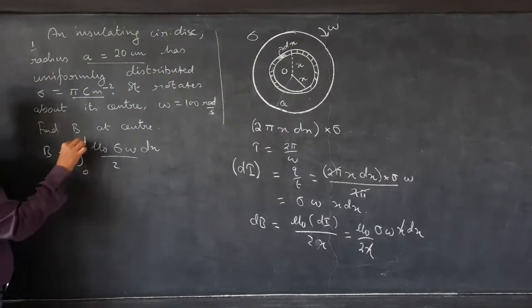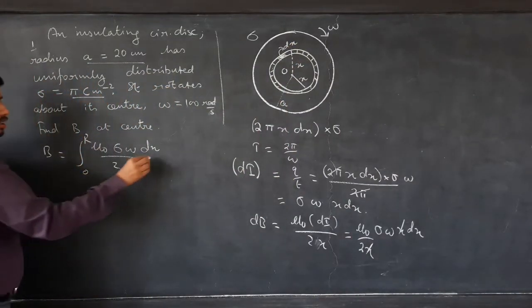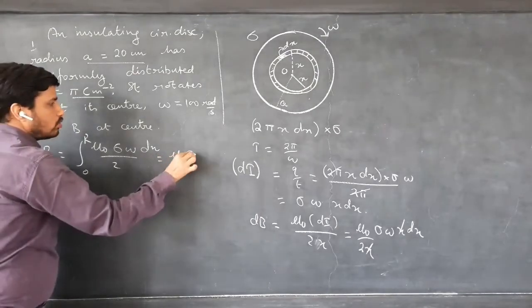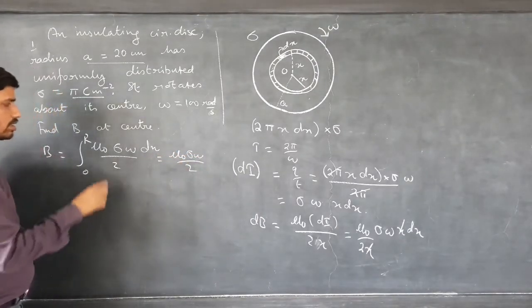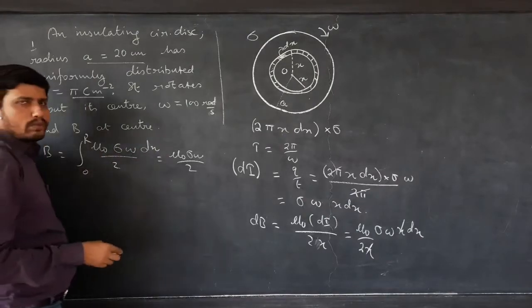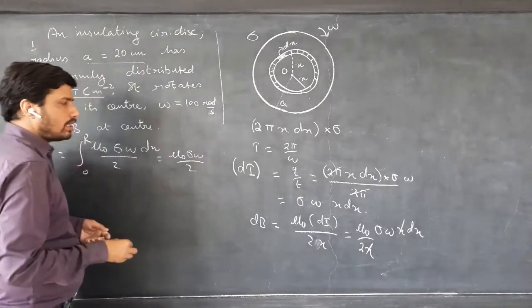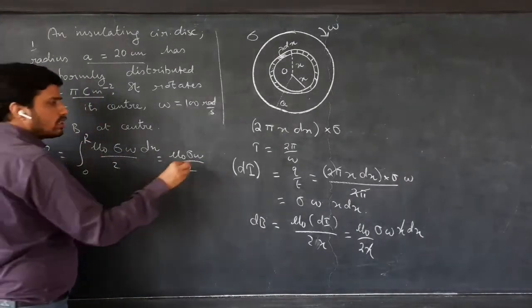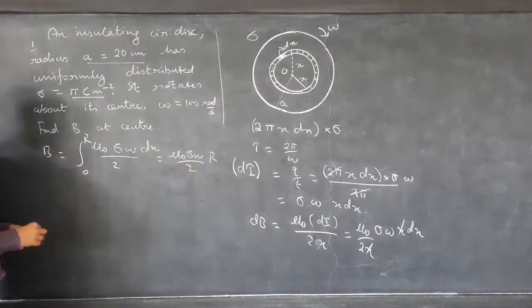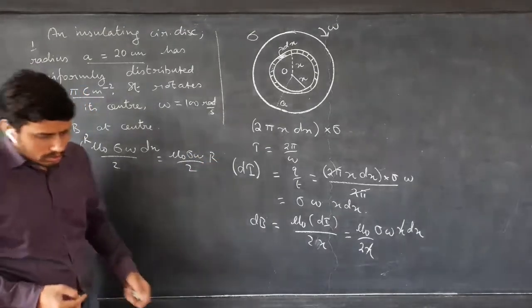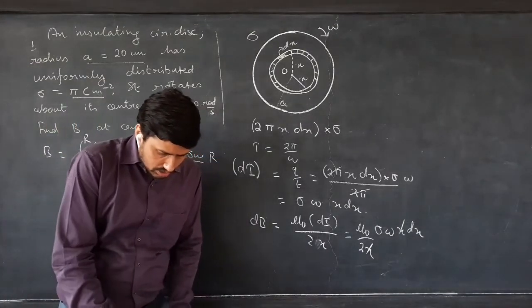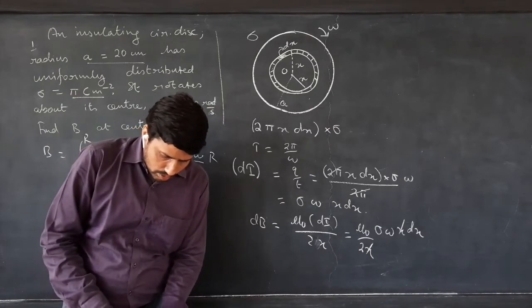Now mu naught, sigma, omega, 2, these are constants. The integration dx will be left. Integration dx is x, and the limits will be from 0 to a. So answer will be simply this much. So let me verify. The answer is mu naught sigma omega a by 2.